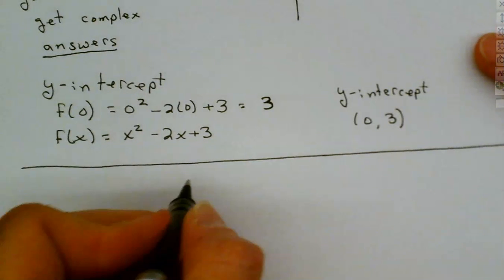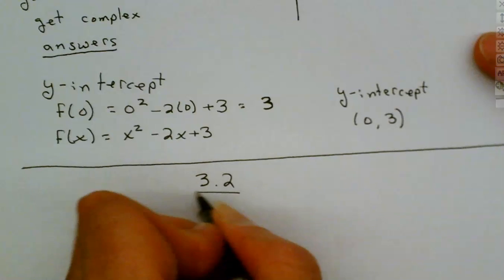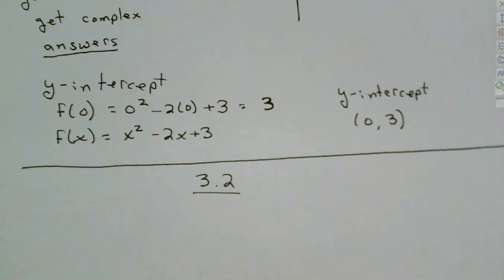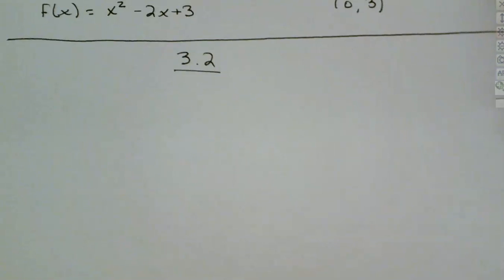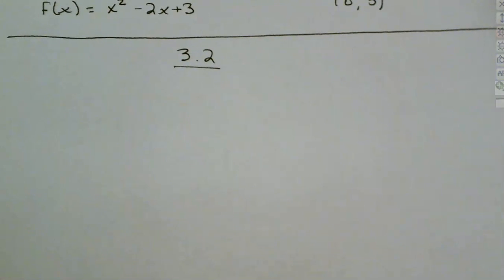And we're now going to look at 3.2, which is synthetic division. And this is something that's new, but it's actually pretty easy to do. And 3.1 and 3.2 are combined together.